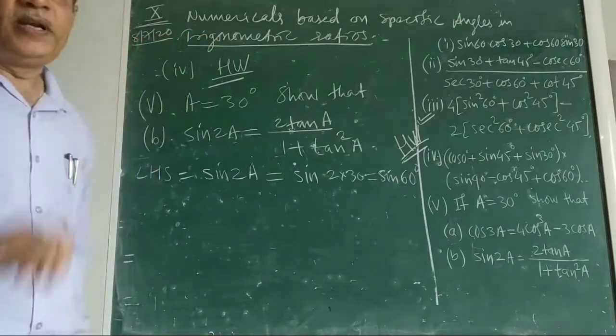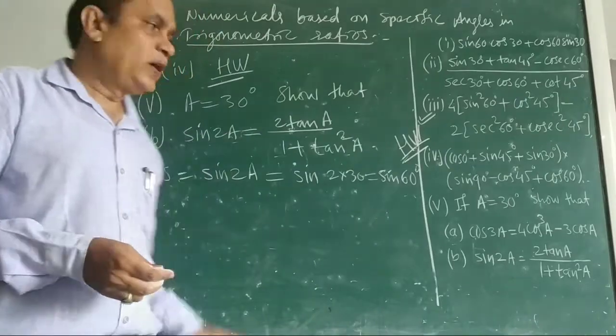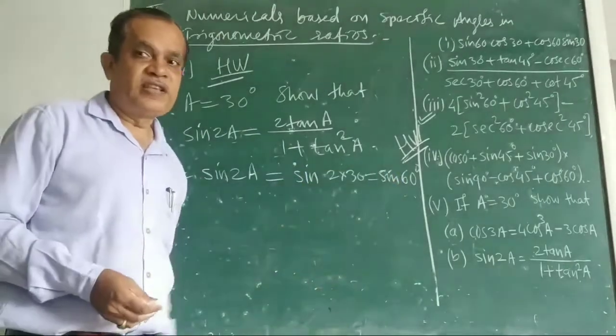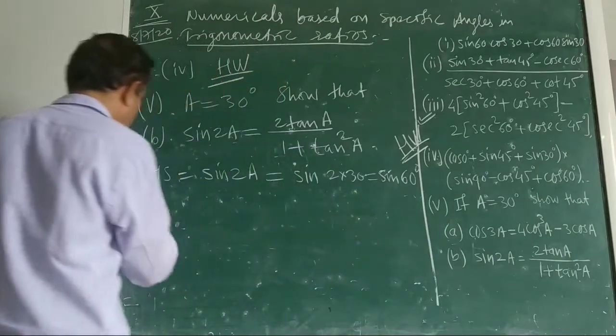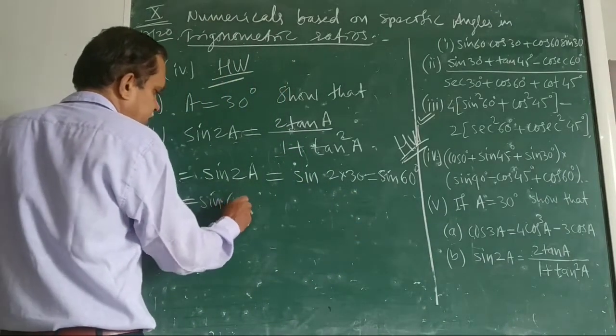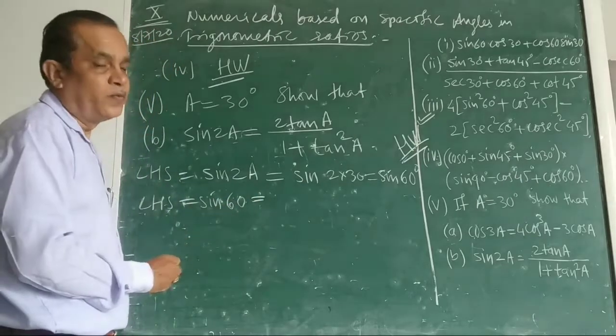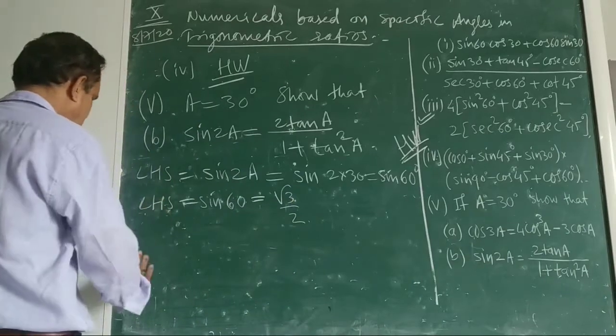Examples are not difficult. We are practicing. We will revise. Okay, beta. You got now sin 60. You know what is sin 60? LHS equal to sin 60 equal to, yes, very good. You are knowing it. Root 3 upon 2. We got. Now RHS.